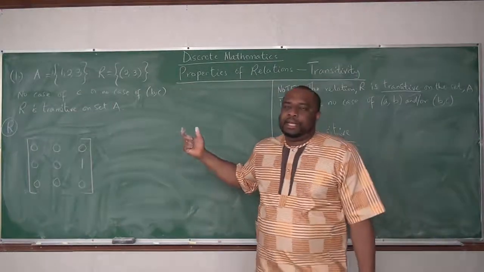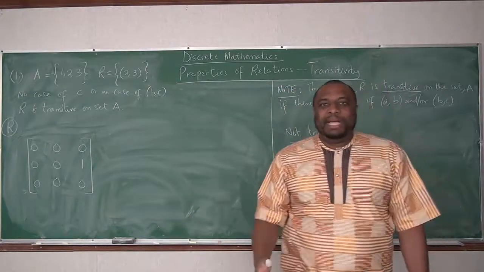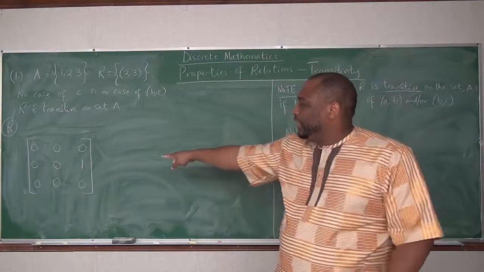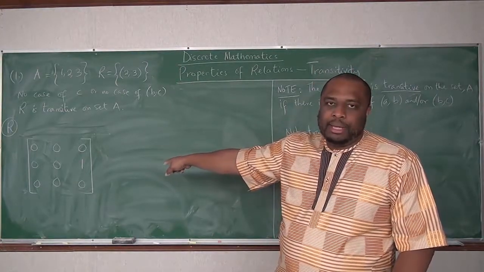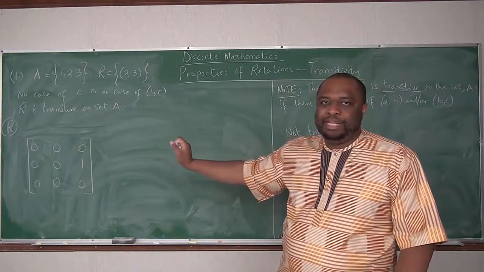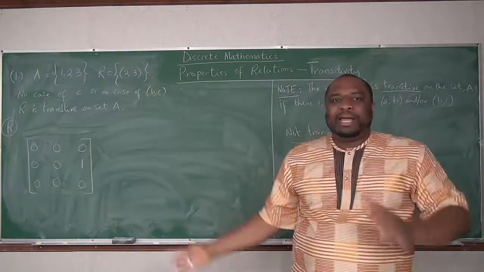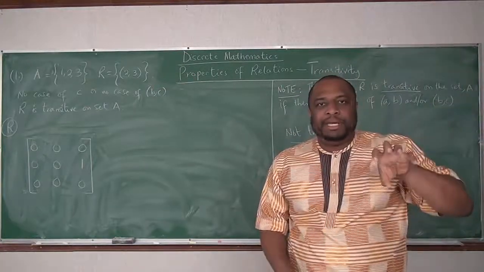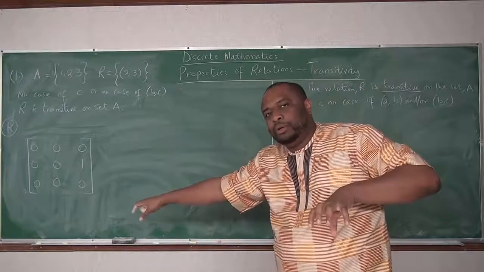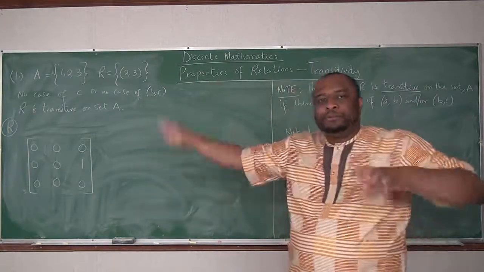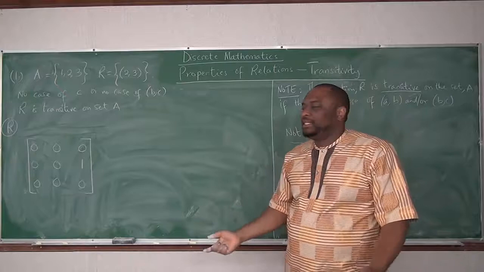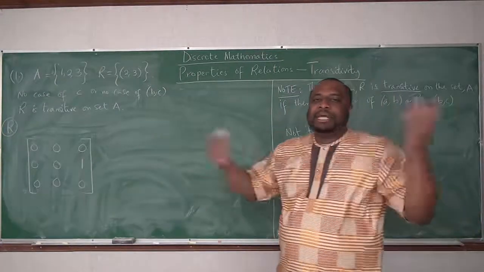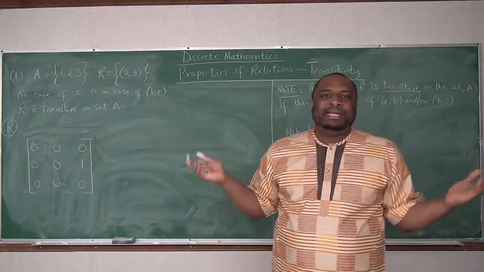If they give you the relation as a matrix, you could say, okay, we have only (2, 3) as the ordered pair in the relation. Remember, it has to be (a, b), (b, c), then we look for (a, c). Because you don't have those cases, you only have one ordered pair, you can just say by inspection that it is transitive.